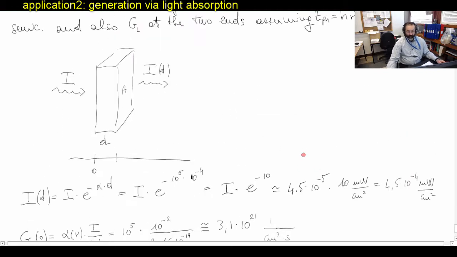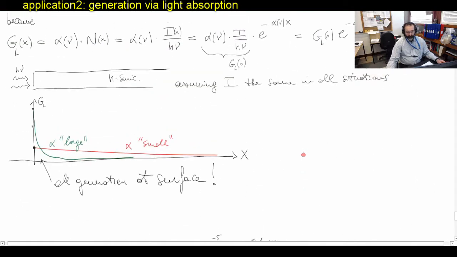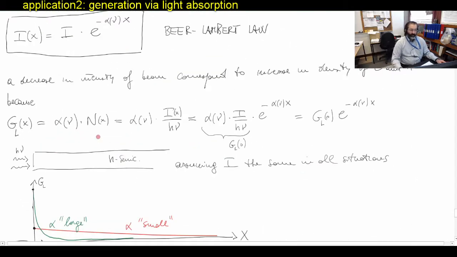And using also the fact that, as we saw yesterday, GL is a function of x and is related to effectively I(x), the intensity at any point within the semiconductor, we have this thing here. So the initial GL0 is effectively given by this. If I want to find the GL at any other point x within the semiconductor, I need to use also this term.